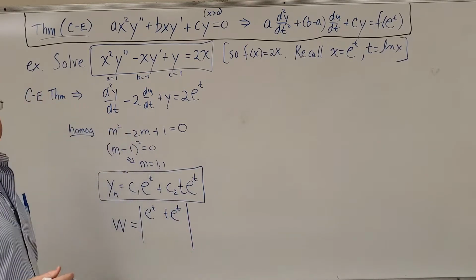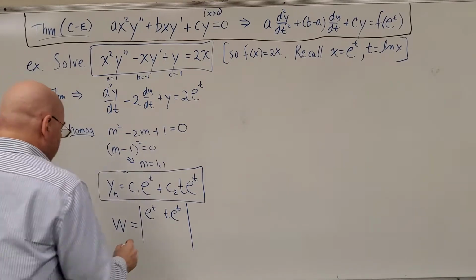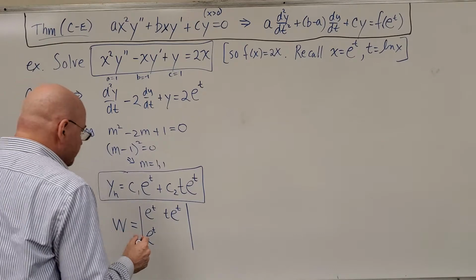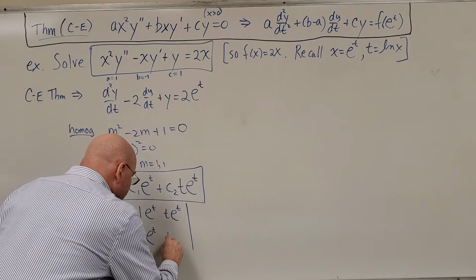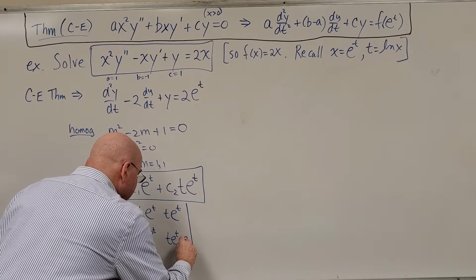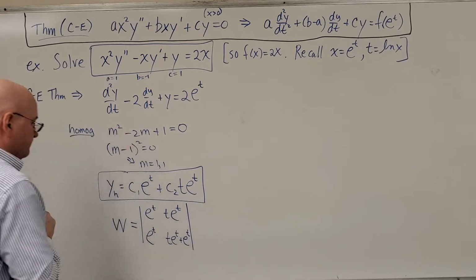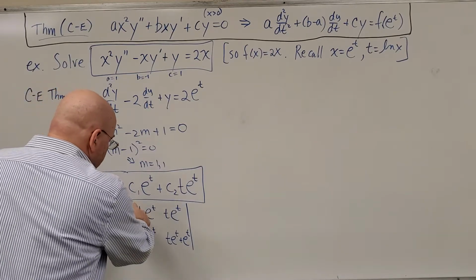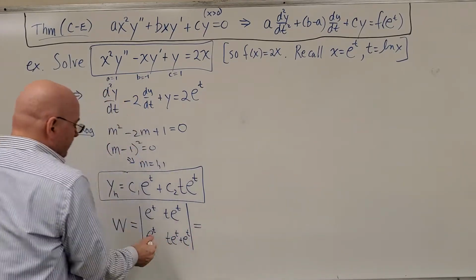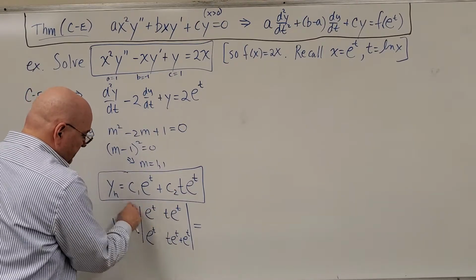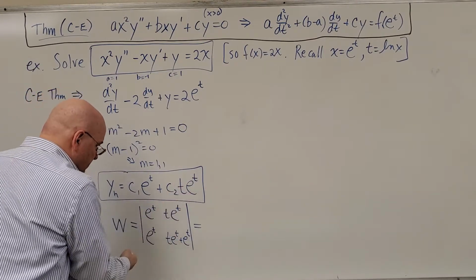And in the second row, we take their derivatives. Now, the first one's easy, e to the t, and the second one is t e to the t plus e to the t. So if we take this determinant, remember, it's like AD minus BC, where we have A, B, C, D. Those 2 minus those 2.